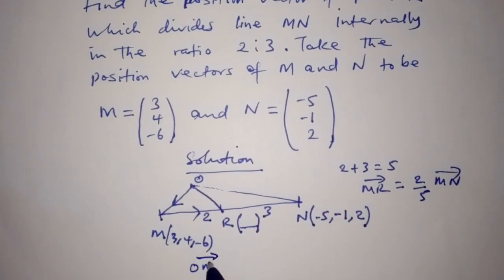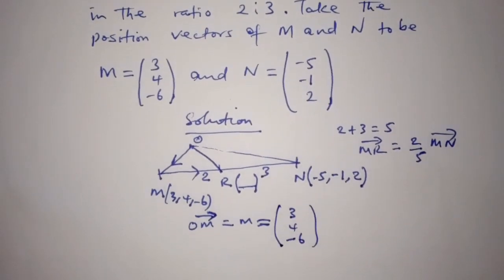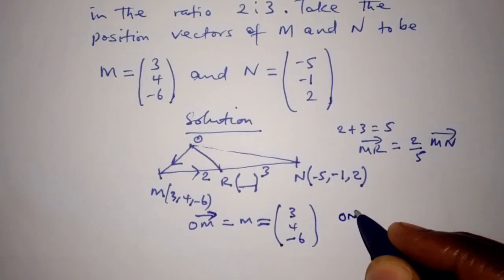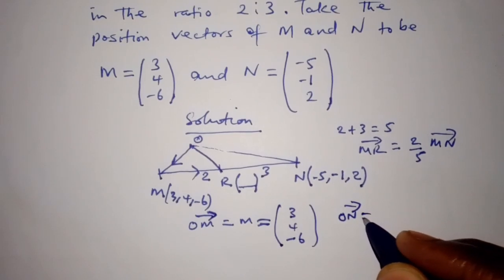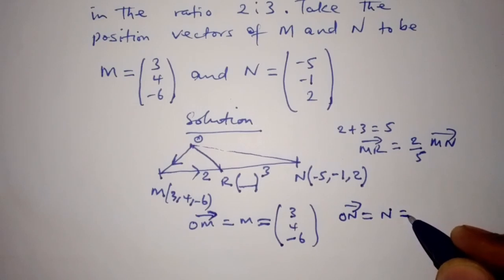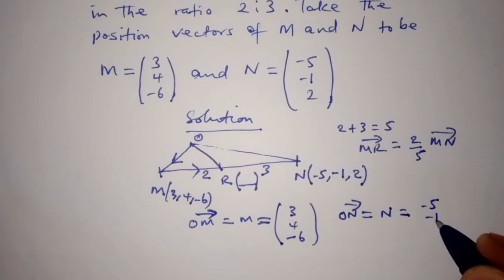Vector OM, which is the same as M, is given as (3, 4, -6). And we are given vector ON, which is N, and it is (-5, -1, 2).